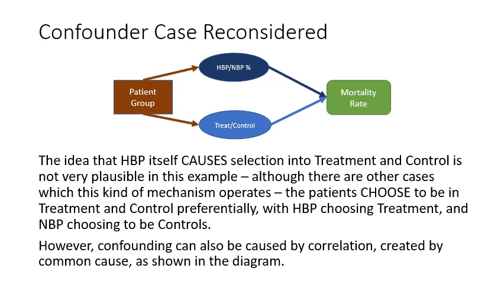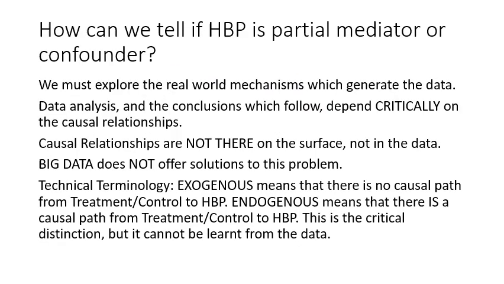For example, the experimenter might be working at a hospital and chooses all patients coming in, who are then likely to have high blood pressure, and the controls are chosen from the normal population. In this case, the HBP and treatment will be correlated because of a common cause, and this is sufficient to create confounding. So how can we tell if high blood pressure is a mediator or a confounder?